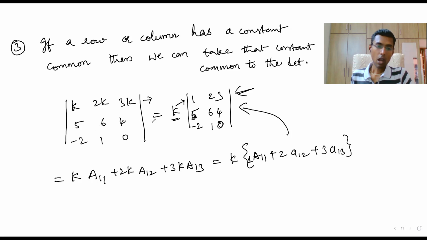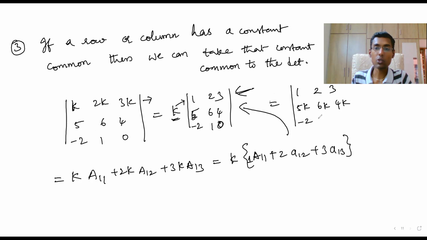Yes, sir, understood. For example, in this one, you can write k times the determinant with rows 1, 2, 3, then 5k, 6k, 4k, then -2, 1, 0. You know how this comes? This comes from the definition, because this is k into delta.